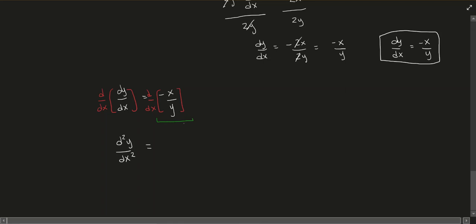And since y is a function of x, we need the quotient rule.